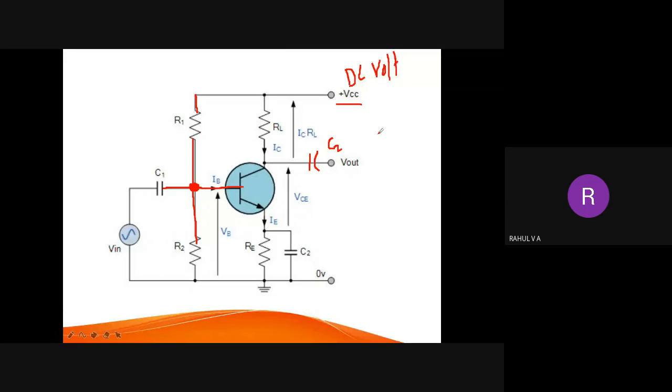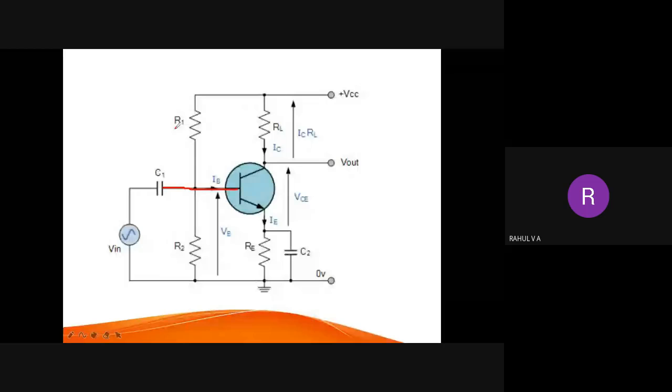Again, I will explain the circuit diagram because this is a very important part. The input signal, our weak signal, is connected to a capacitor. The output of the capacitor is connected to the base of the transistor. To that same connection, we have a connection from VCC through R1, connected to the base terminal of the transistor. From the base terminal, one more resistor R2 is connected to the ground. At the collector, we have a resistor connected to VCC.